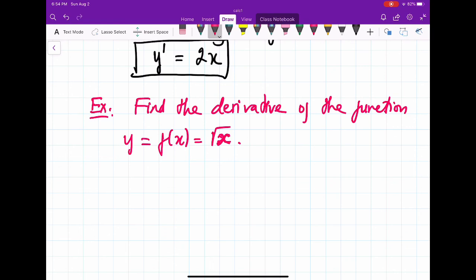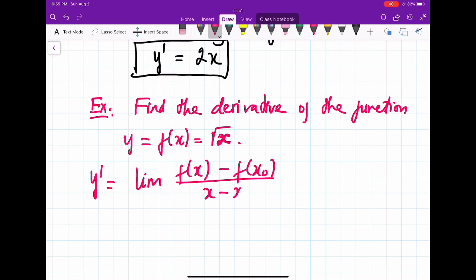In this example, let's find the derivative of the function y equal to square root of x. Okay? So again, we know the definition. Let's use y prime, okay? Y prime equal to the limit of f of x minus f of x0 divided by x minus x0 when x approaches x0.